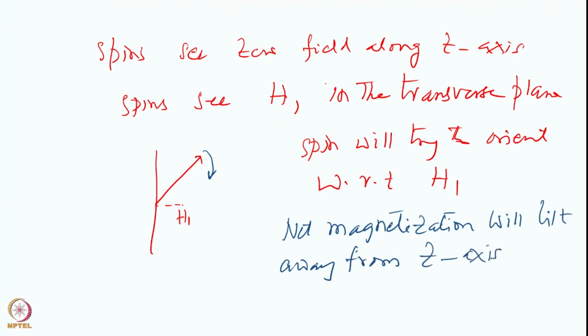Okay. This is the consequence of the interaction between the RF and the spins. So, this implies we have created XY magnetization, which was 0 in the beginning at equilibrium. Once we apply the RF field, we have created XY magnetization.